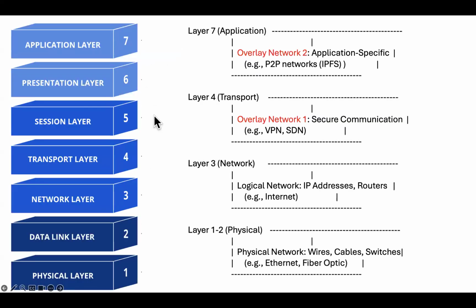So here is the OSI model we're all familiar with. The concept of overlay network is distinct from the traditional OSI network model. But we can add some overlay networks into this OSI model. Like layer 4, the transport layer, right?